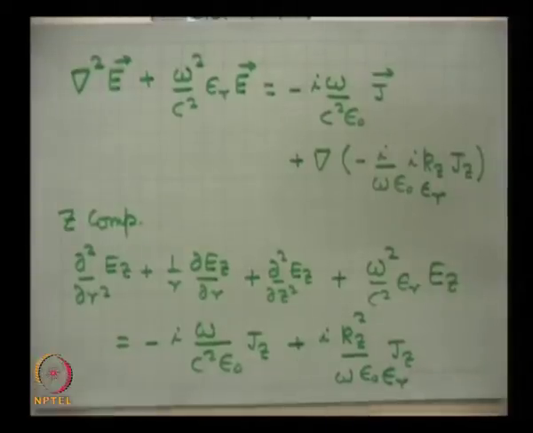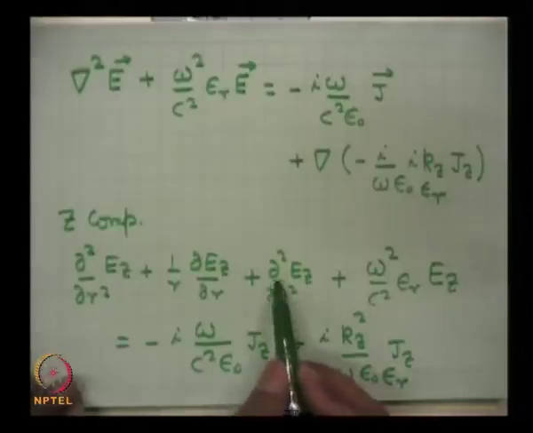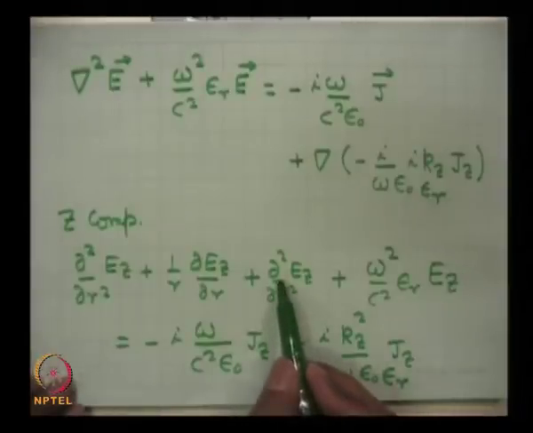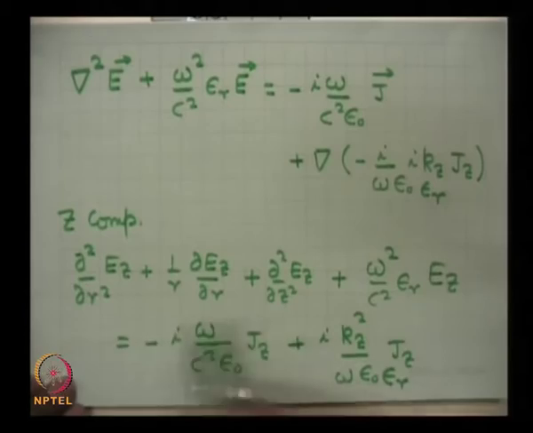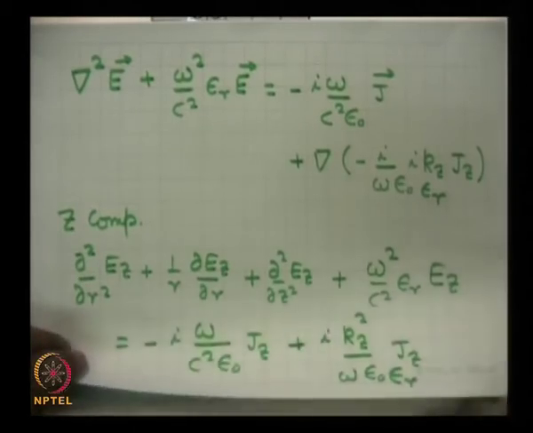So these terms can be combined, and this d²/dz² I can write down as minus kz². So this equation becomes rather simple, and let me rewrite this equation.